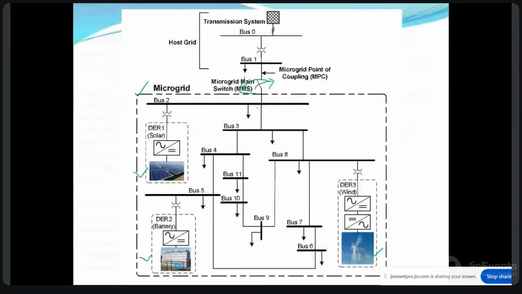Now, let us say we are connecting this microgrid with the grid by closing the switch. The voltage at the interface point has to match the grid side point voltage, because we are just interfacing it. In addition, these two systems cannot operate at two different frequencies.